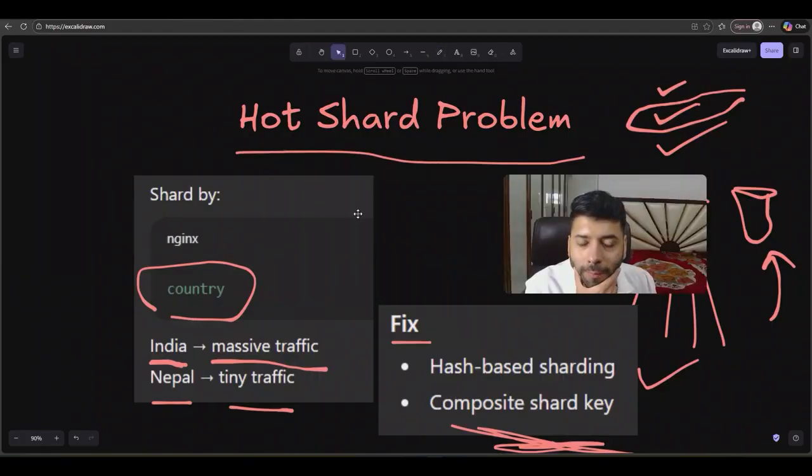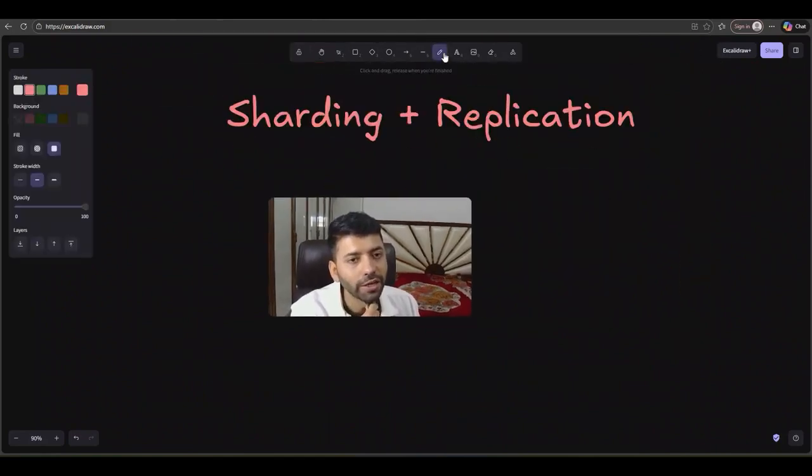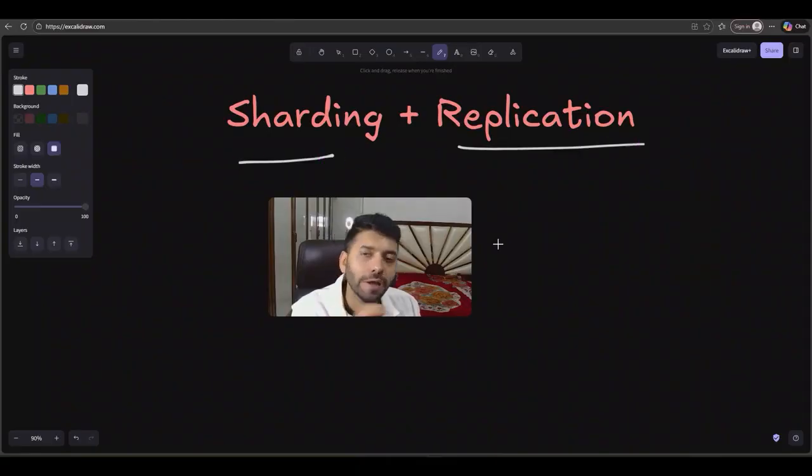Okay, one more thing about sharding. We discussed concepts like sharding and replication. We also saw the difference between sharding and replication. Now, in the real world, what happens? In the real world we use both, replication as well as sharding. It's a combination of both, because replication is used for scaling your reads, whereas sharding is used for scaling your writes.